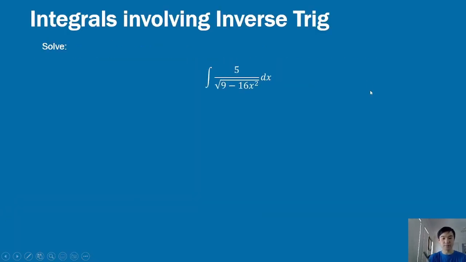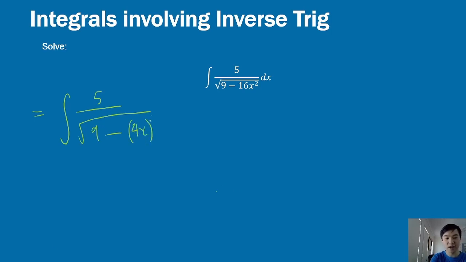Well, notice that we can write 16x squared as 4x, the entire thing squared. So here we've got a function inside. Instead of having a regular x squared, we've got a 4x squared now. Also this 9 is going to be 3 squared.